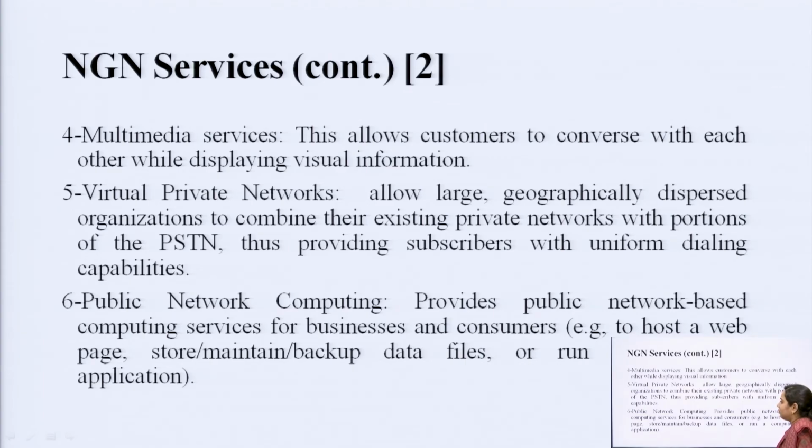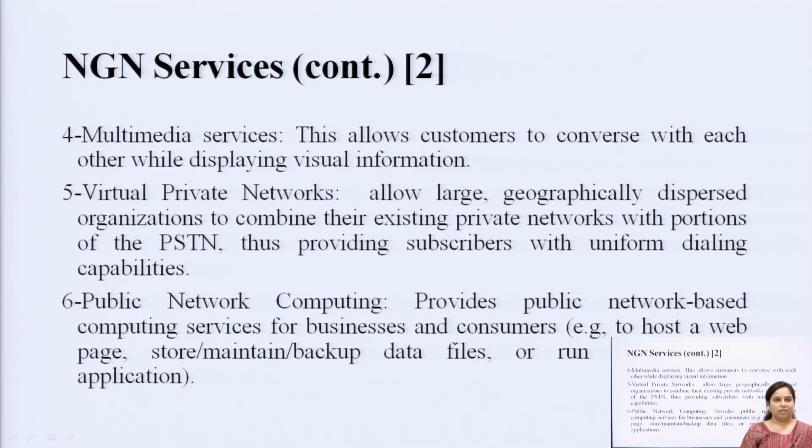Now, next one is the virtual private network. It allows large and geographically dispersed organizations to combine their existing private networks with portions of the PSTN, thus providing subscribers with uniform dialing capability. So, whatever system is available for voice signal transmission, like private networks that already exist, for example a LAN, you can now add PSTN services.